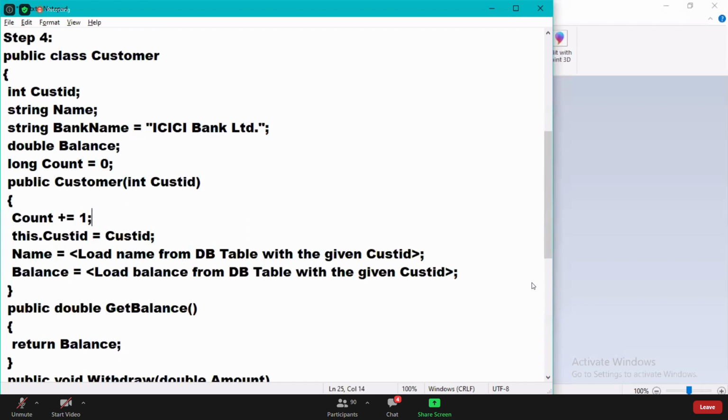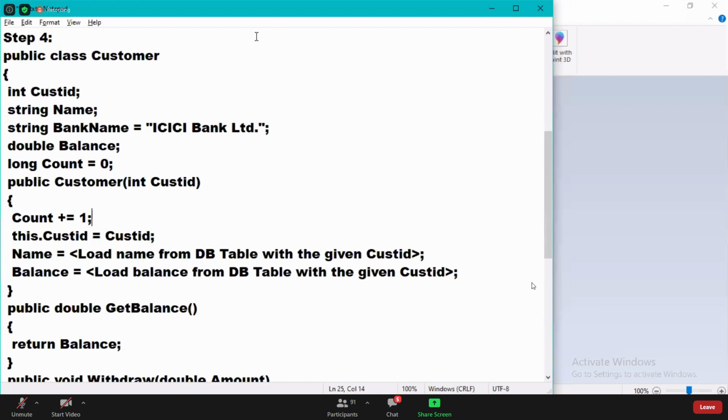Now basically, two days back, guys, you learned about four different kinds of fields: constant, static, non-static, read-only.